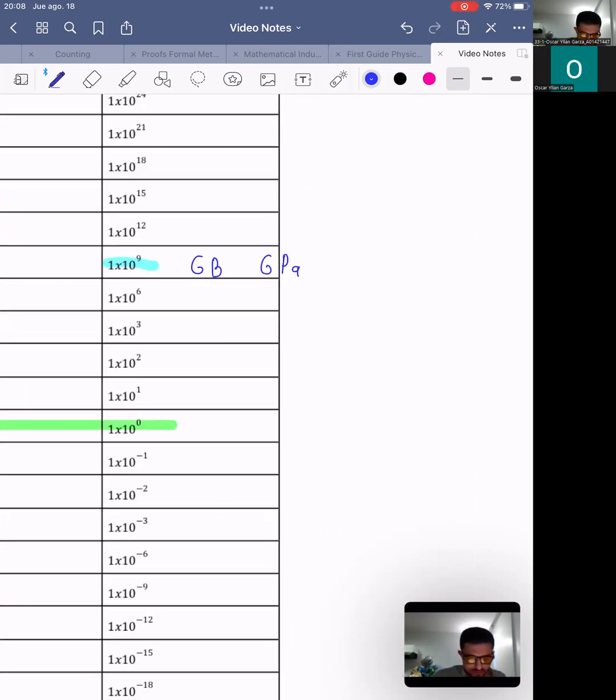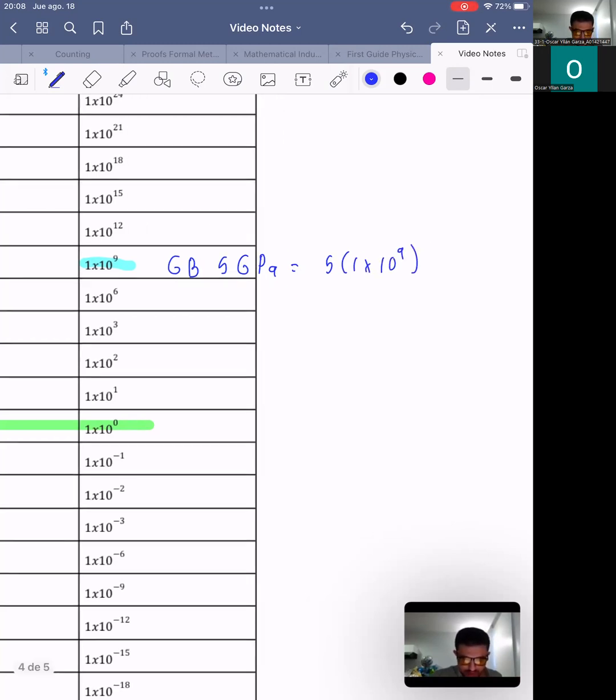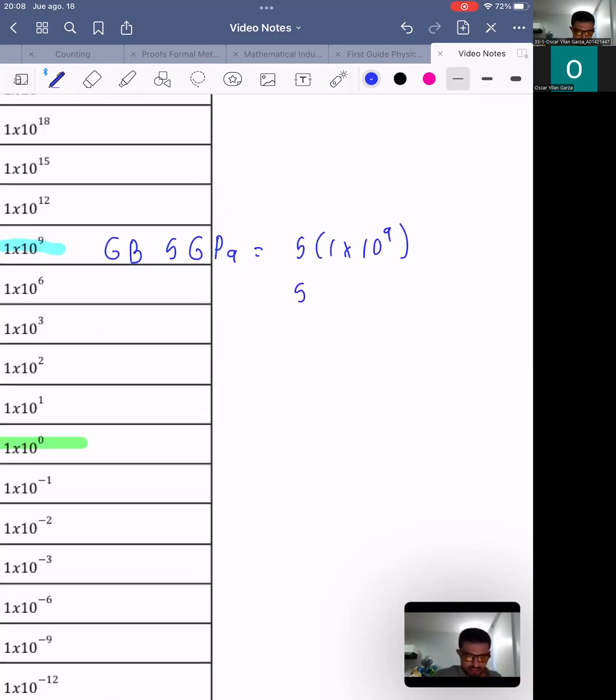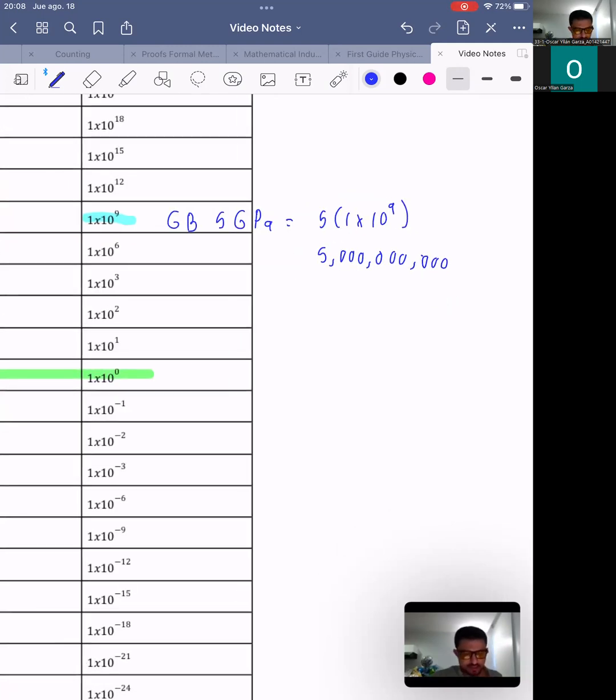When we have 5 gigapascals, this means we have 5 times 10 to the 9 power. This means the number will have 9 zeros.